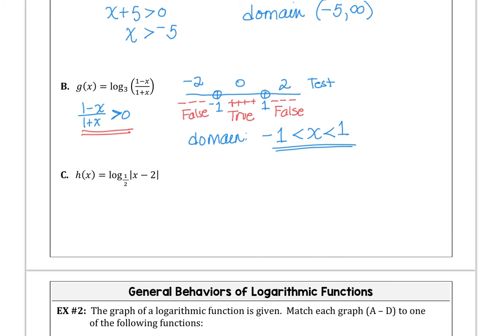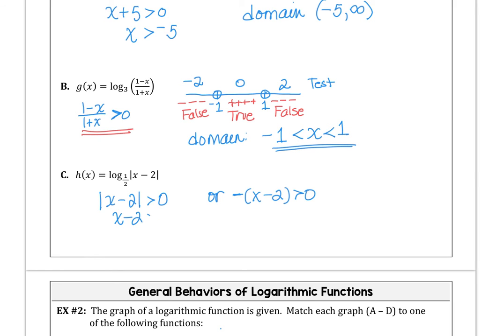So absolute value has two solutions because the x minus 2 can be greater than 0, or inside that argument, we want the opposite of x minus 2 to be greater than 0.